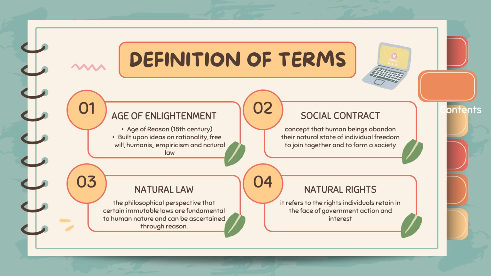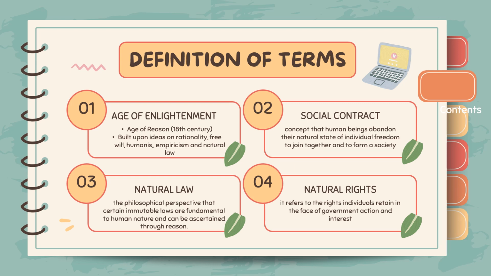Natural law, on the other hand, is a philosophical perspective that certain immutable laws are fundamental to human nature and can be readily ascertained through reason. And we have natural rights. It refers to the rights that individuals retain in the face of government action and interest.